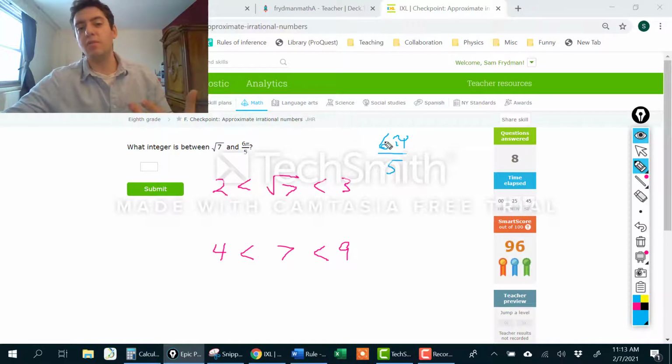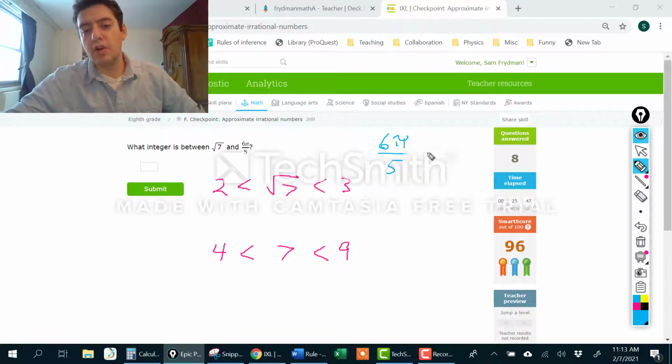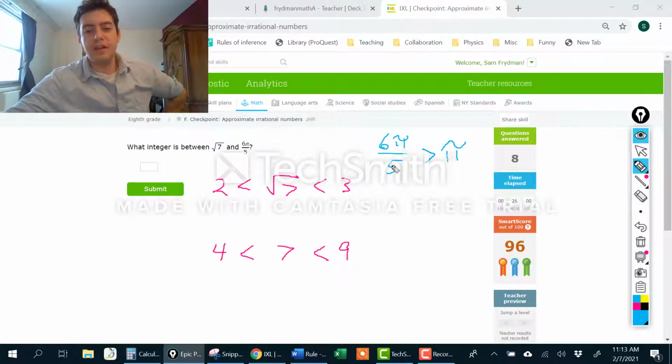6/5 is a little bit more than 1. So if I take pi and I multiply it by something which is a little bit more than 1, then I'll get something which is a little bit more than pi. So 6 pi over 5 is greater than just pi itself, and pi itself is greater than 3, right?